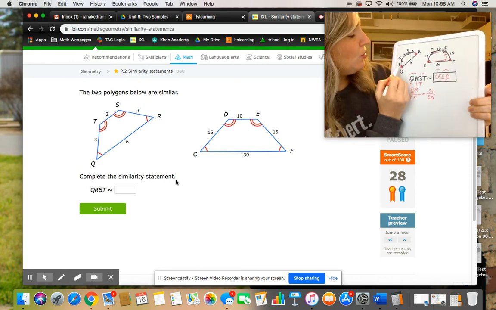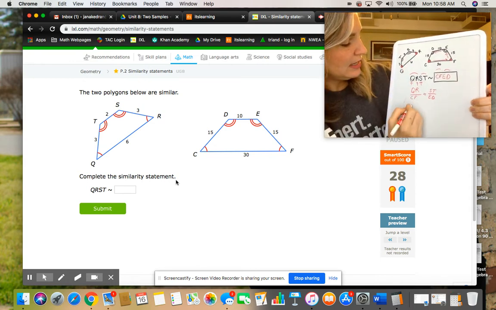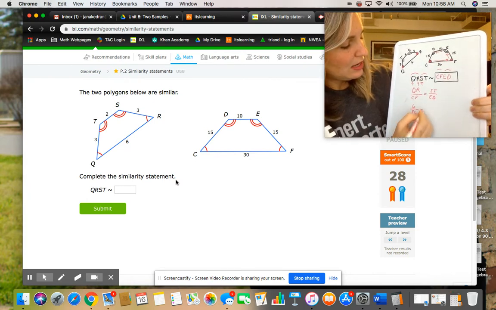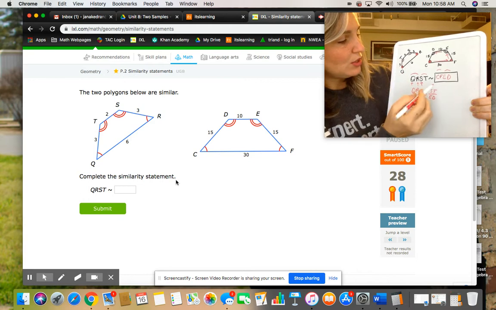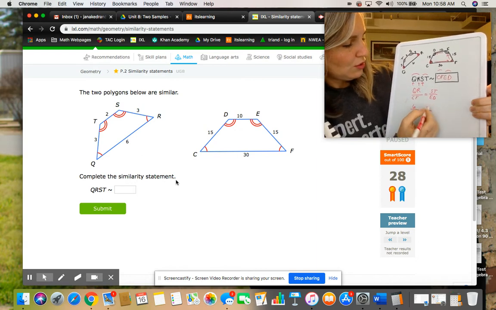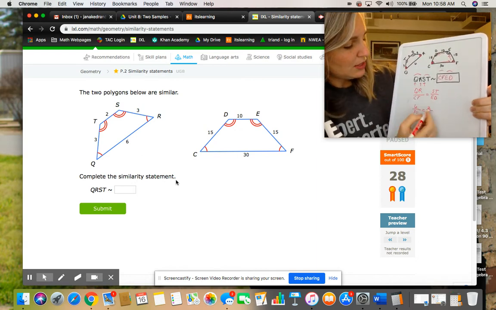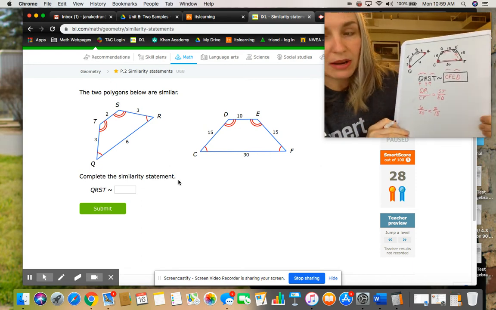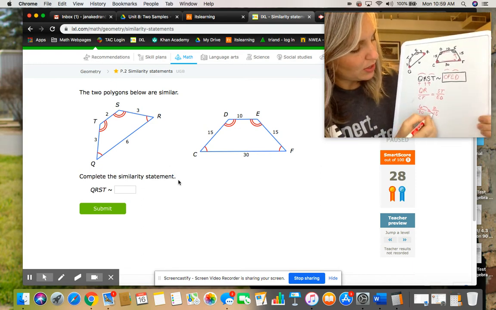So QR is 6 and CF is 30. And I want to make sure that's equal to ST over ED. So ST is the top, which is 2, over ED, which is the top, which is 10. So I can cross multiply or I can check my fractions. I'm just going to do cross products here.